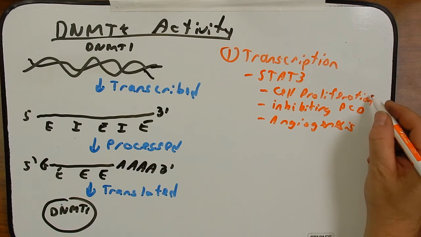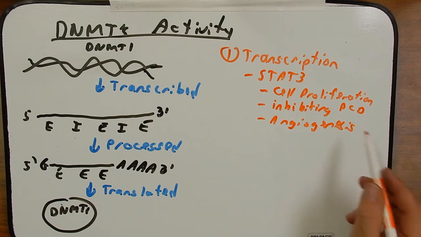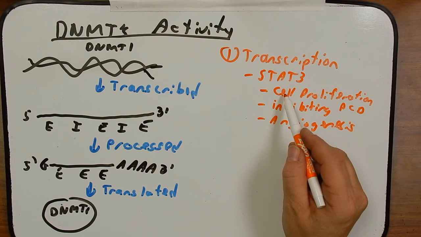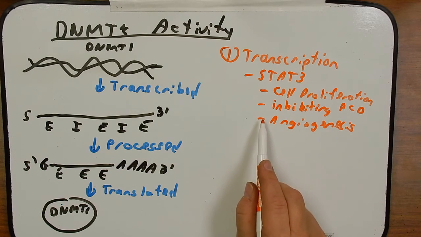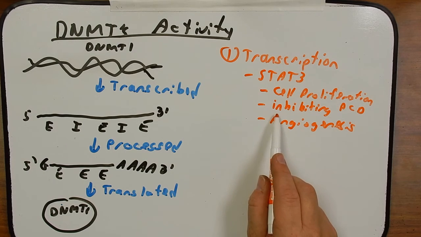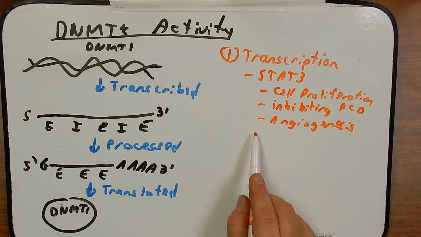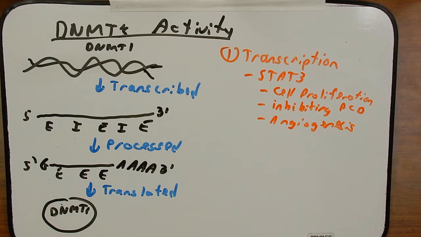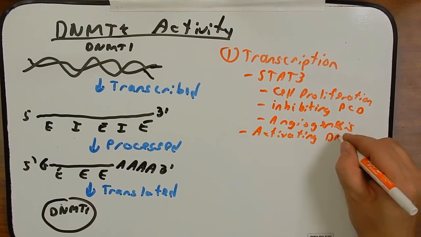All of these are bad news when it comes to cancer, because cancer is linked to an overcell proliferation, the inability to inhibit programmed cell death, and increase angiogenesis. So this is linked to cancer, but we also know that it's linked to activating DNMT1.